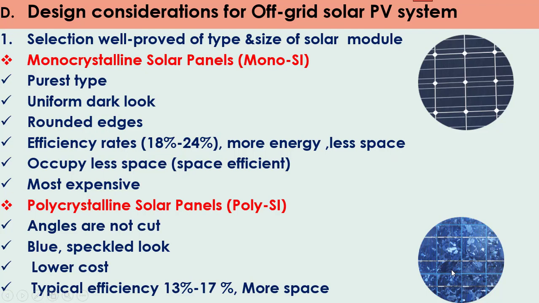It represents low cost, and the typical efficiency ranges from 13 to 17%. It needs more space, and even its temperature effect is a little different from the monocrystalline modules or monocrystalline solar panels.